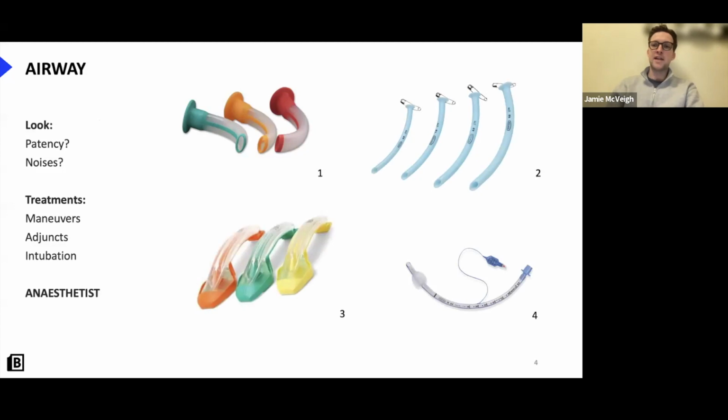But in the meantime, you can use a head tilt chin lift and a jaw thrust to keep the airway as open as possible, as well as these airway adjuncts, which we've been through before. Number 1 is a Guedel, number 2 is a nasopharyngeal, number 3 is an i-gel, and number 4 is an endotracheal tube with the cuff on the end, so that it stays in place and prevents aspiration.